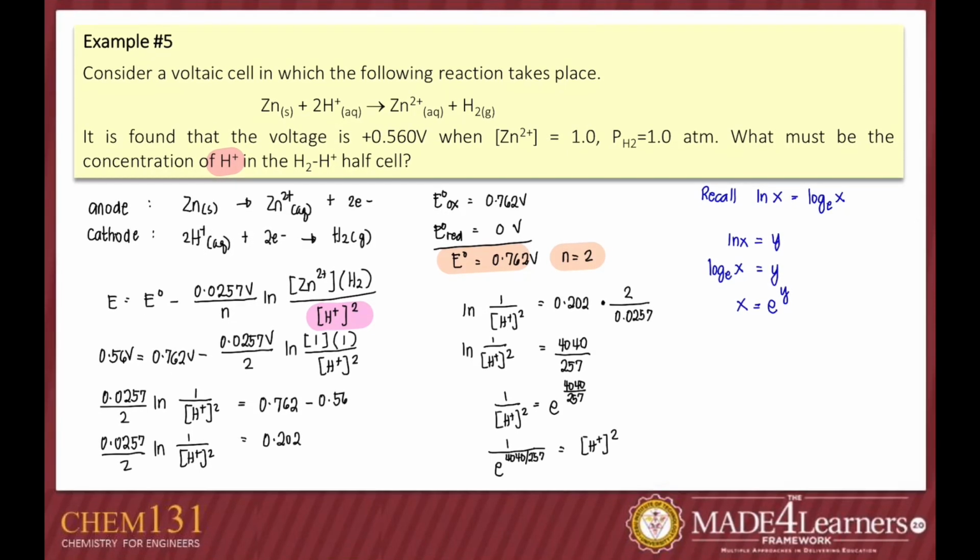And then we're going to extract the square root. So the concentration of the hydrogen ion therefore is equal to the square root of 1 over e to the power of 4040 over 257.